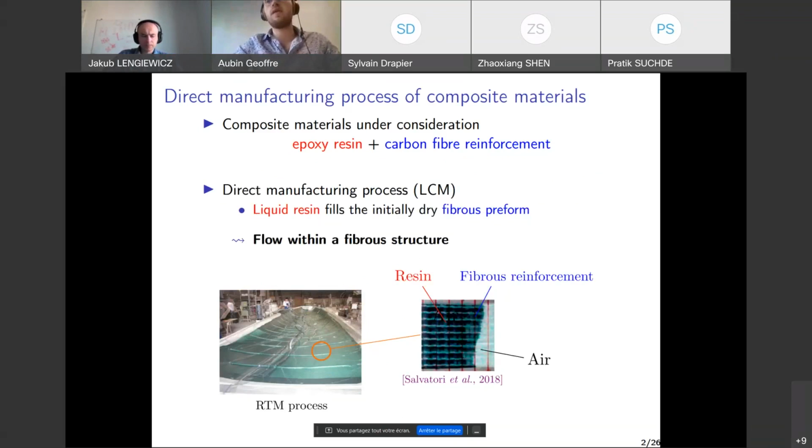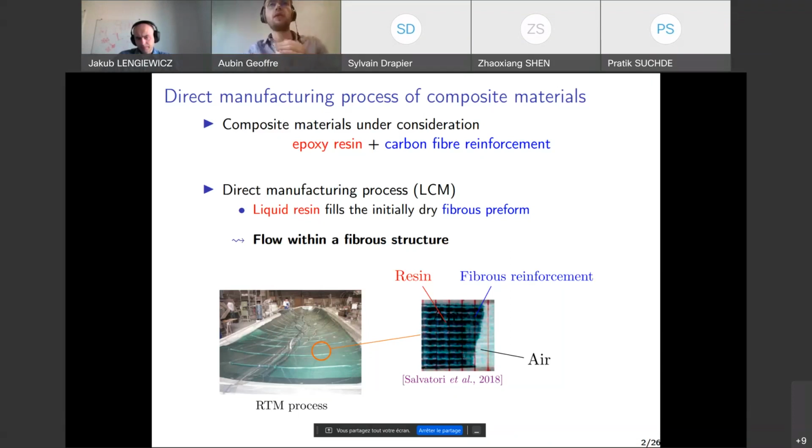There are plenty of ways to manufacture such parts, but here we consider direct manufacturing processes in which the resin is liquid at first and fills the fiber structure that is initially dry. As you can see in the photos, we can observe a flow within a fibrous structure.